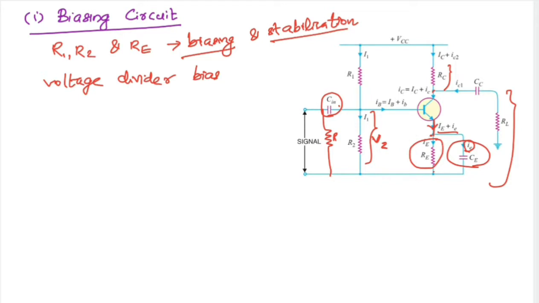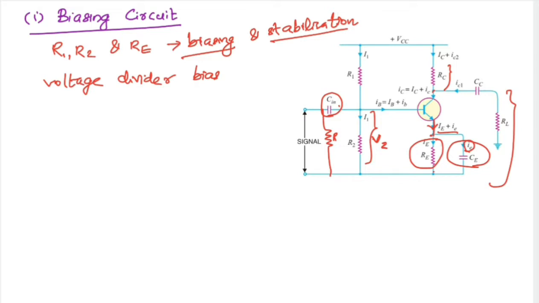If suppose we are not using CE, then there will be a large voltage drop across RE due to the flow of this amplified AC signal through it. So what will happen? It will reduce the output voltage, so it will reduce the gain of the amplifier.